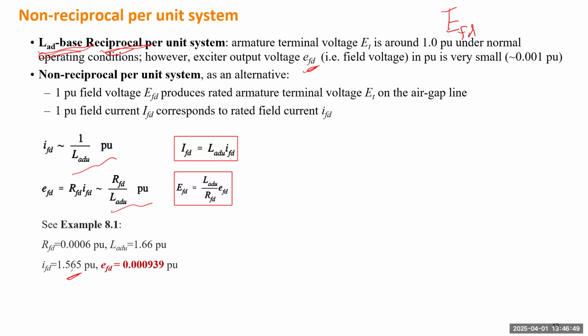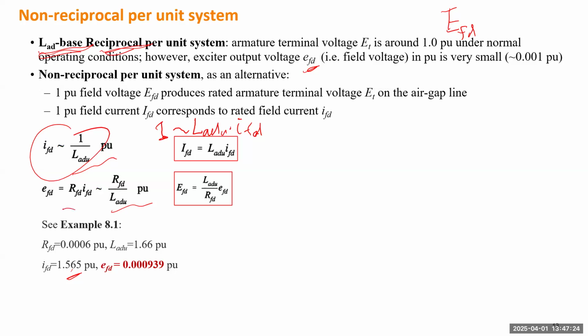So it's very natural to assume the capital IFD is the lowercase ifd multiplied by LAD. Why? Because from here you easily know that 1 will be around LAD multiplied by IFD. So if we multiply the IFD by that inductance, the capital IFD will be around 1.